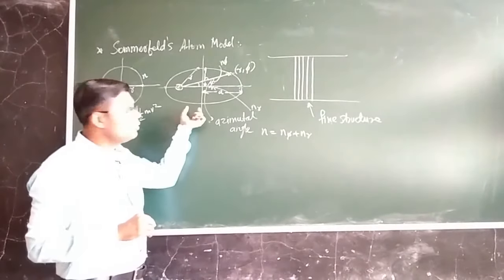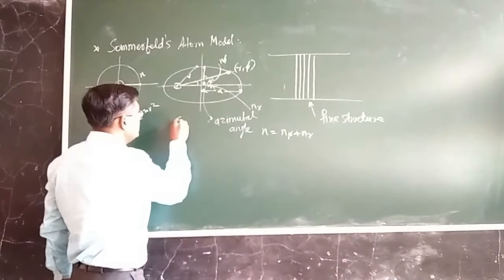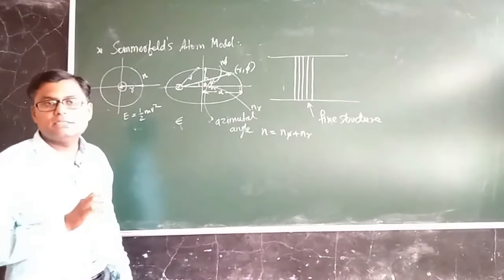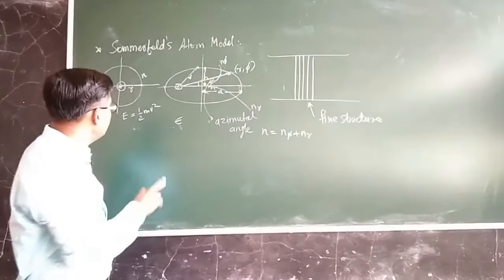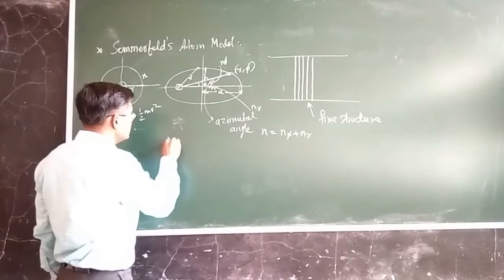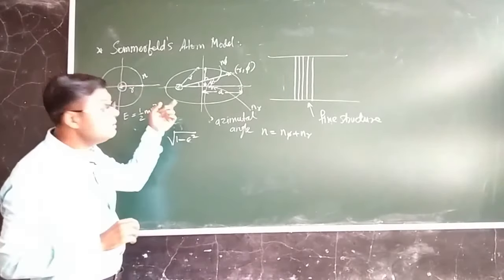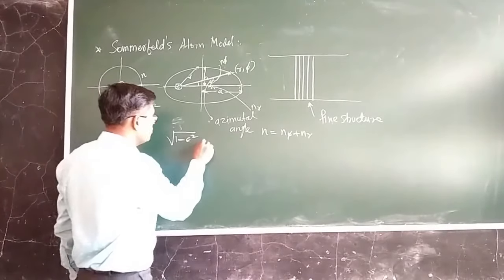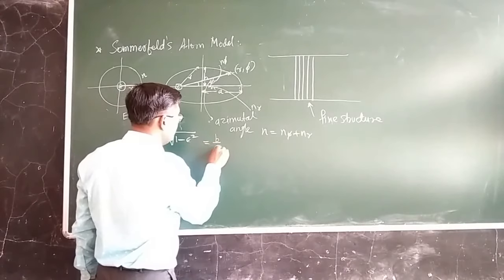Again there is one more speciality of the ellipse. In the case of an ellipse, we have an entity called the eccentricity of the ellipse, which is related to the lengths of the semi-major and semi-minor axes by the formula square root of 1 minus epsilon squared is equal to b by a.